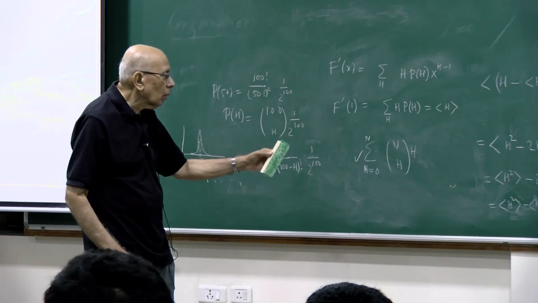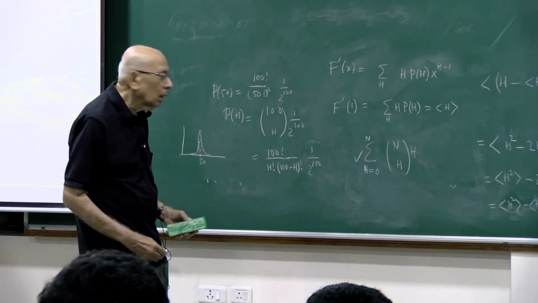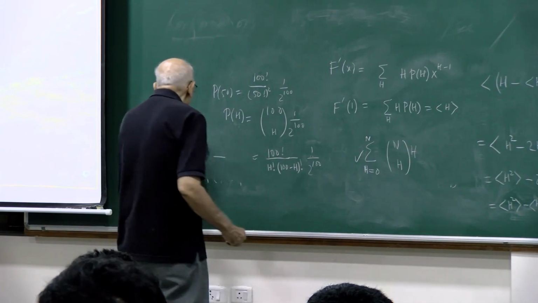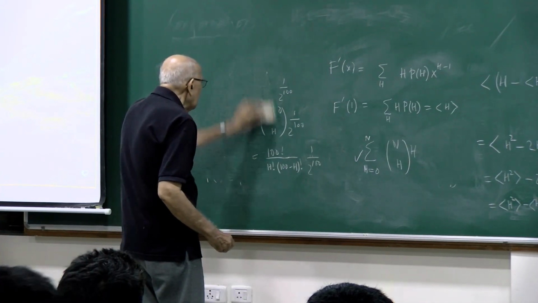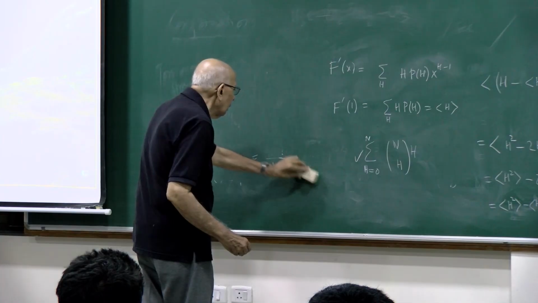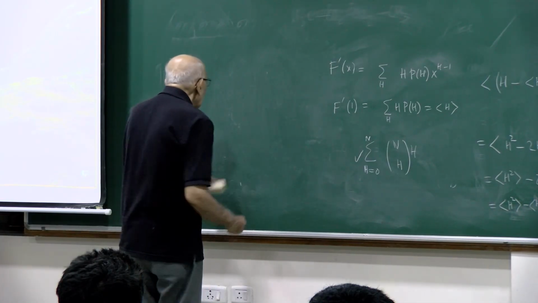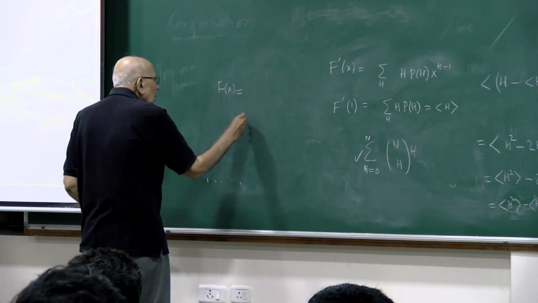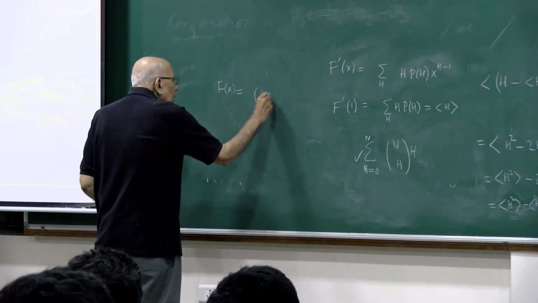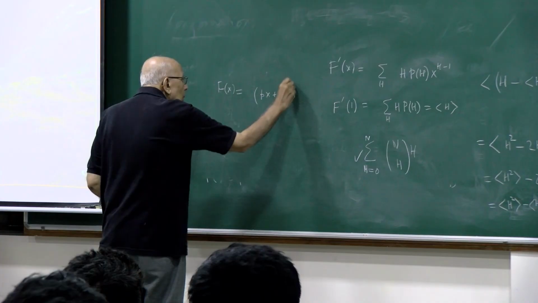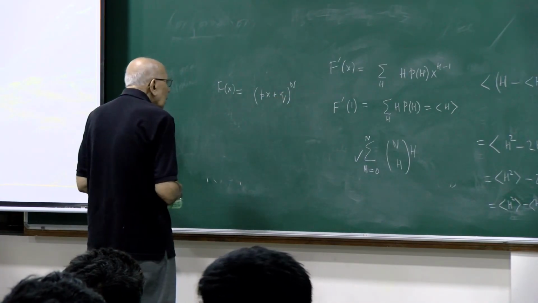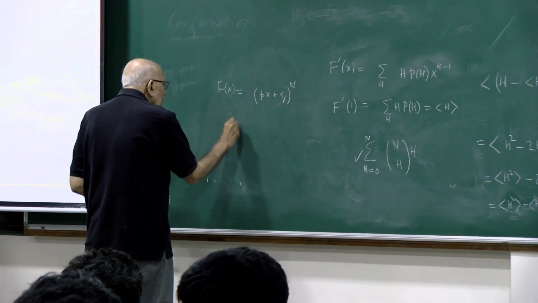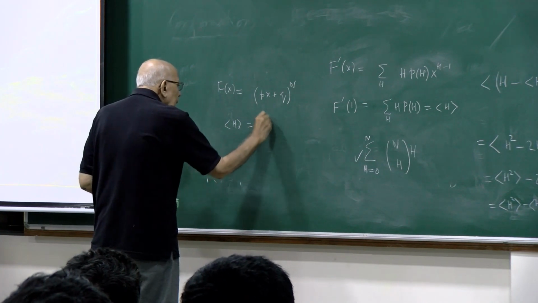Let's calculate this quantity for our distribution here. How do I calculate h squared? So let me write down again what our f of x, the generating function, was. This was equal to (px plus q) to the power n, and the mean value of h is equal to np.